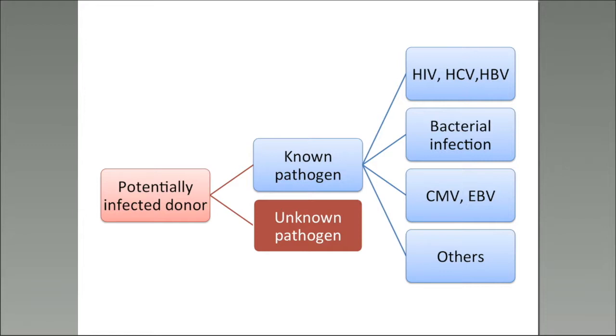And then there's the known pathogens, which the most common one we see is, of course, bacterial infection in the donor. And then CMV and EBV, of course, we knowingly transmit those to our recipients. And then what I'm going to focus on is donors who have risk factors for HIV, hepatitis C, or hepatitis B.